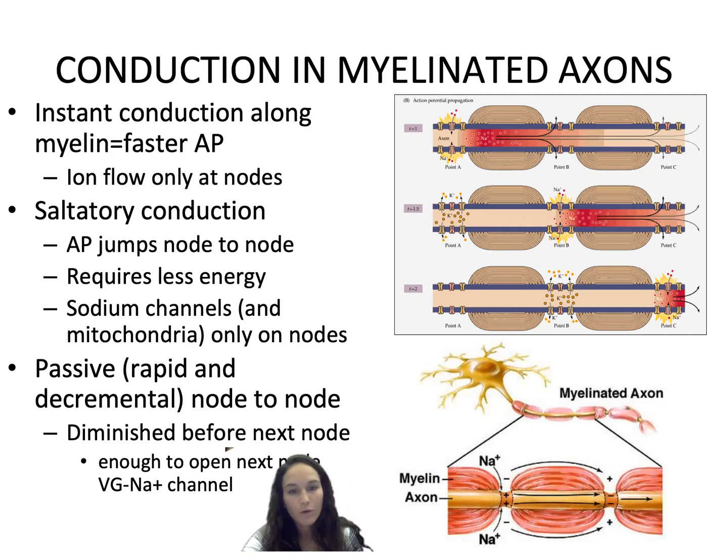So we get this kind of decrement in the charge as it moves to the next node, and it's okay because again, it will be enough to open up that depolarization stimulus. It does technically decay in the myelinated segment, but it is reinitiated at the level of the next node.